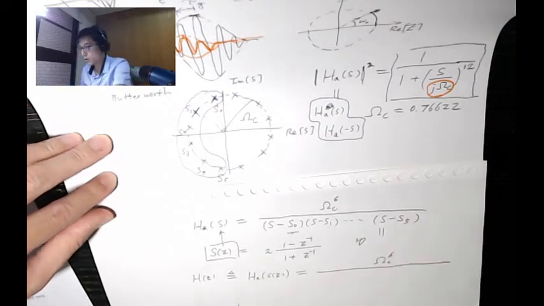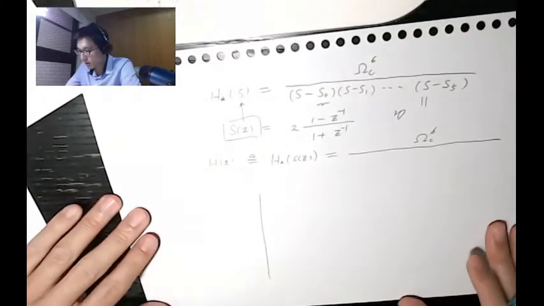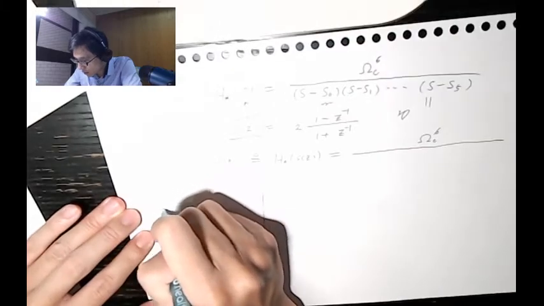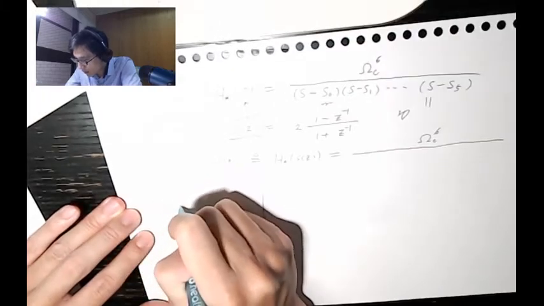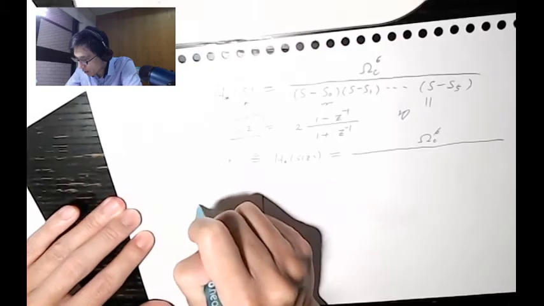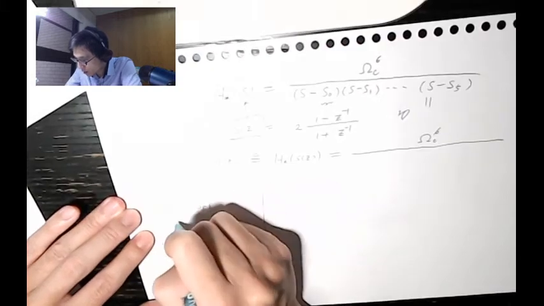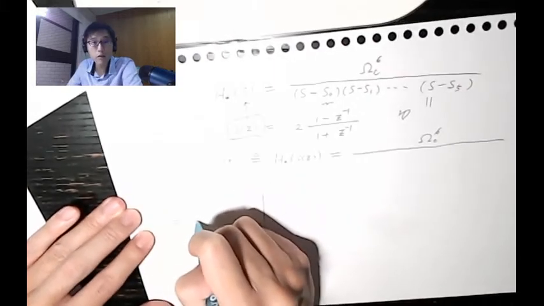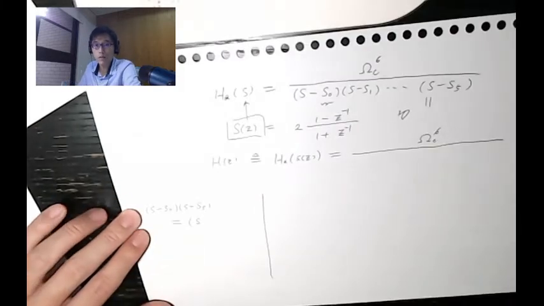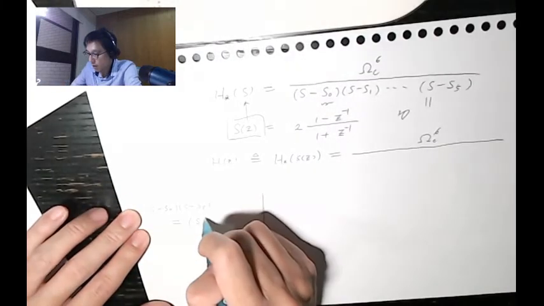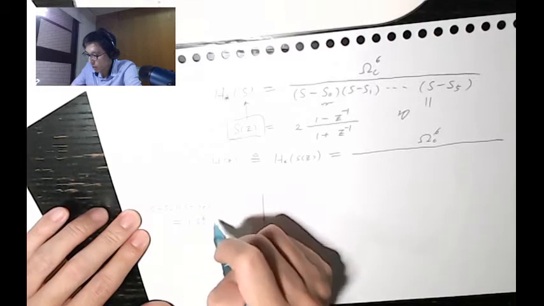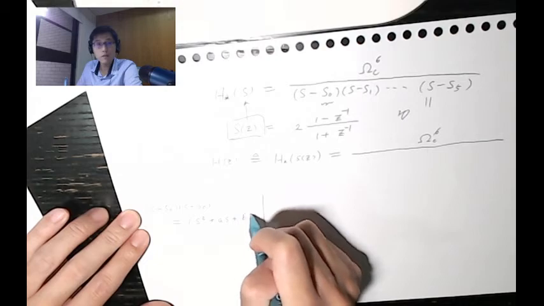Let's say that s minus s0 times s minus s5 can be grouped together and re-expressed as s squared plus as plus b. You can do that.